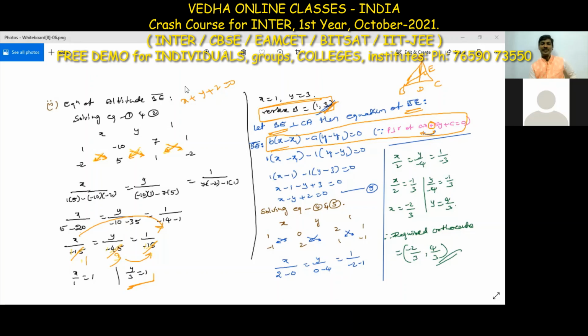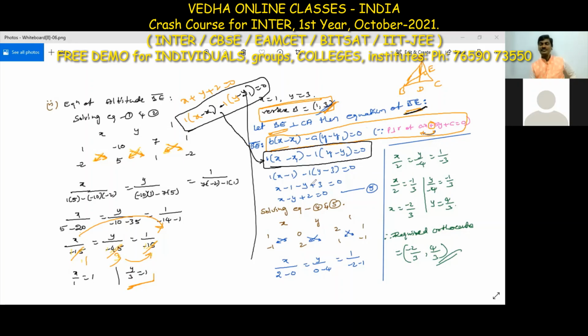The x coefficient I am writing to y, the y coefficient I am writing to x. 1 into x, 1 into y, from x subtracting x1, from y subtracting y1, equal to 0. In the middle we have plus, so write minus. So 1 into x minus x1 minus 1 into y minus y1 is equal to 0. This is the perpendicular line equation, that is BE.